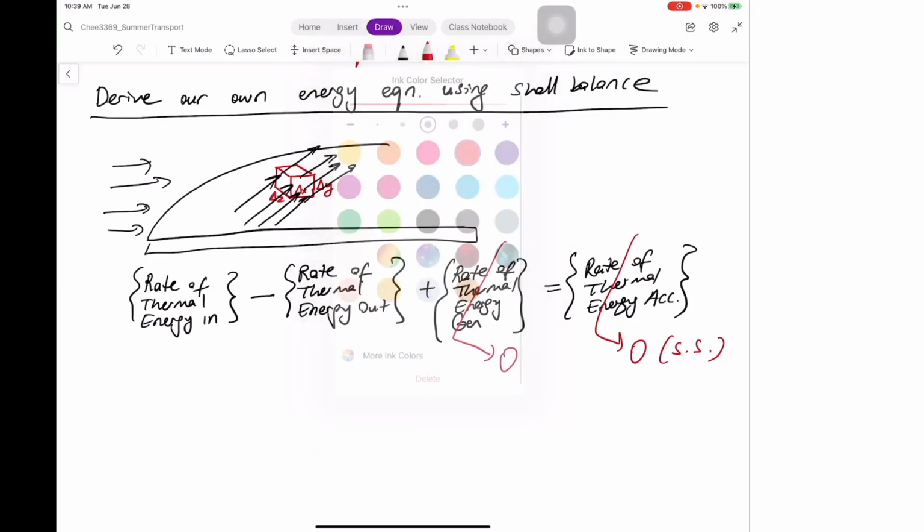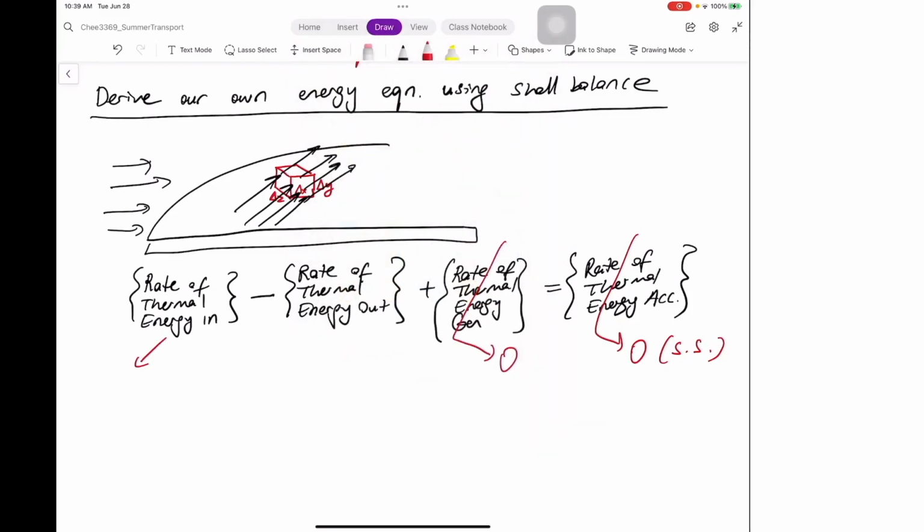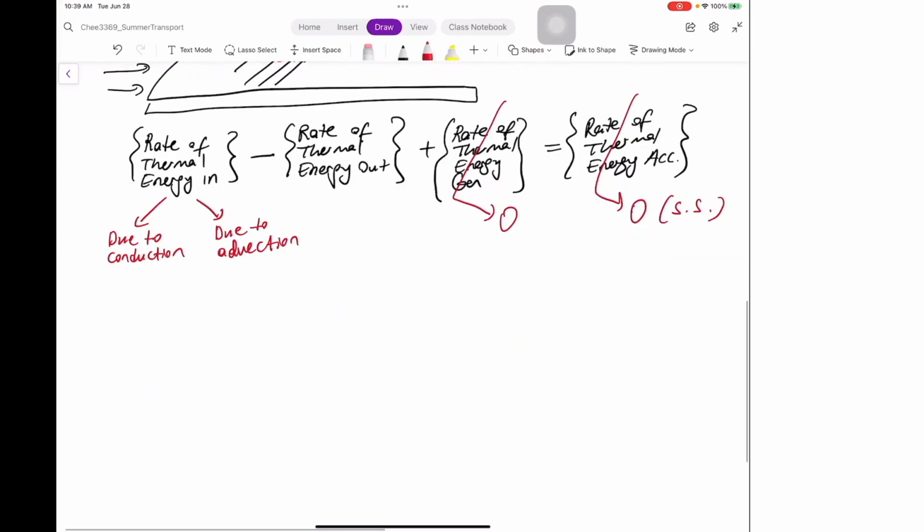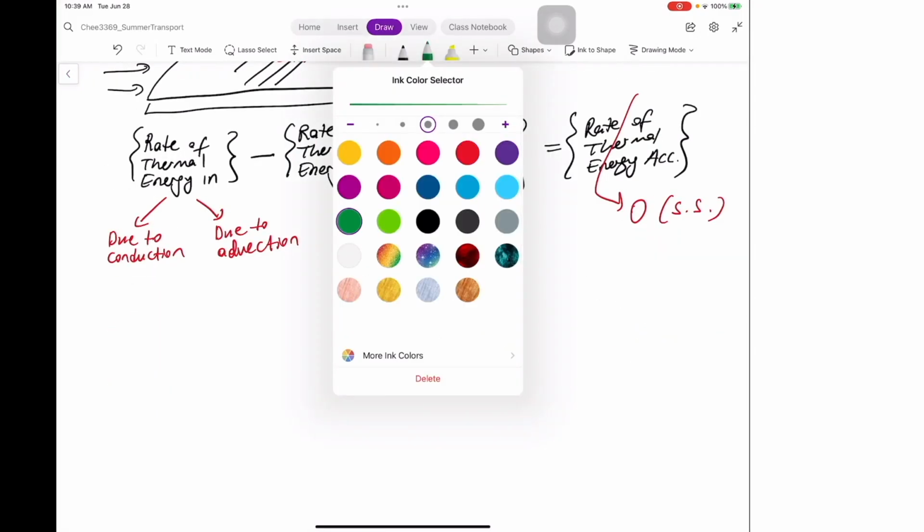So let's say it has 2 terms due to conduction and due to advection. Similarly, for the thermal energy out, we have the same things.